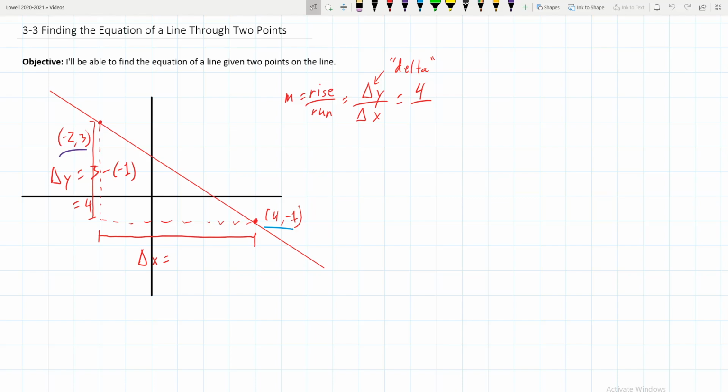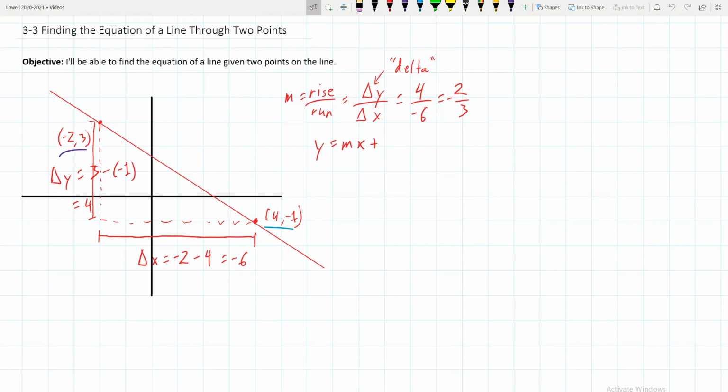So that'll be -2 minus 4, leaving me with -6. If you flip-flop the order, you're going to get the wrong slope and it just won't work out. Okay, so my delta x is going to be -6. Let's simplify this fraction to -2/3.